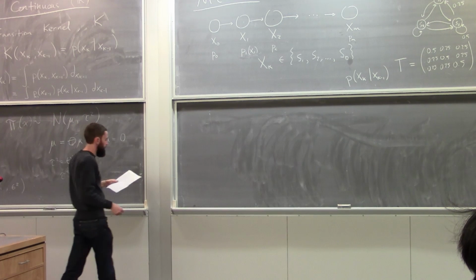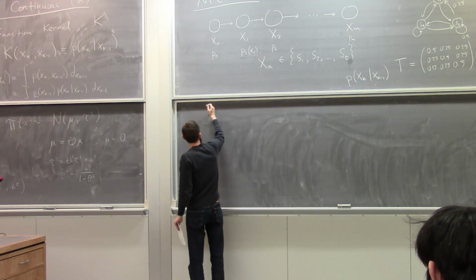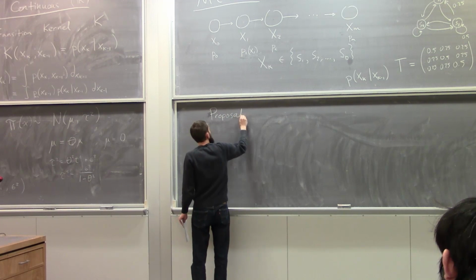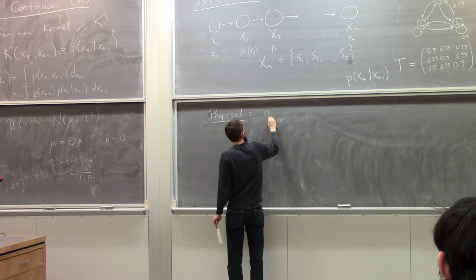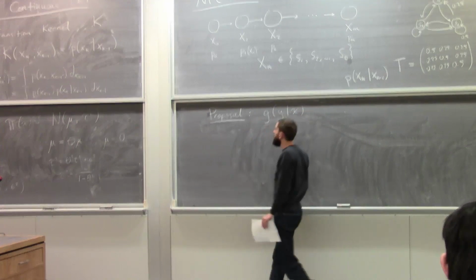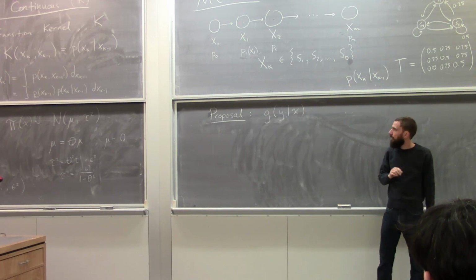So the details are, again, I'm going to have a proposal, and we'll call it g of y given x. So I just defined some proposal conditional density.